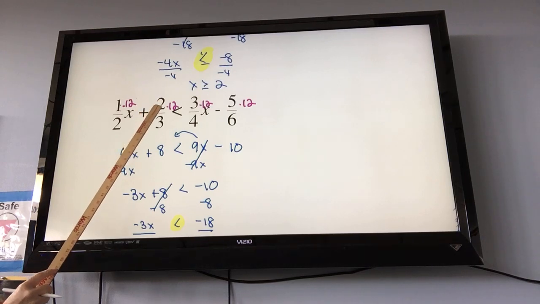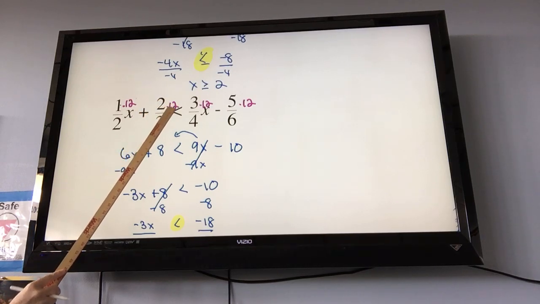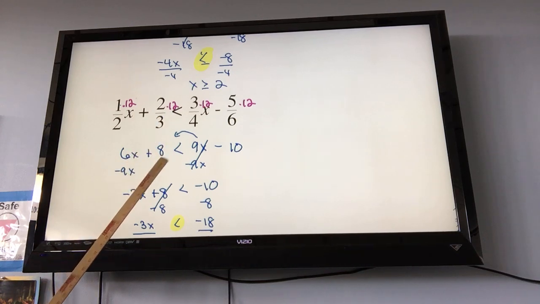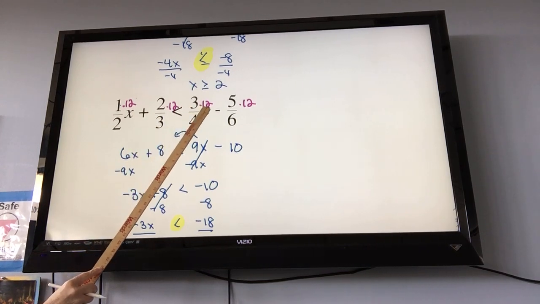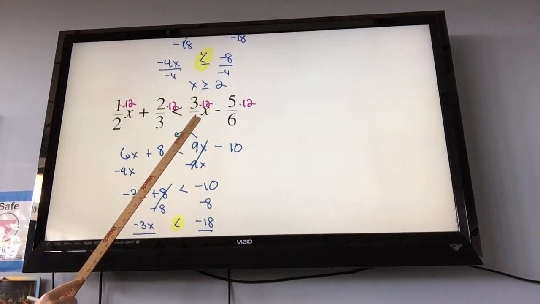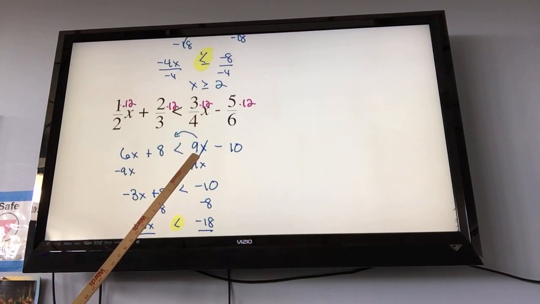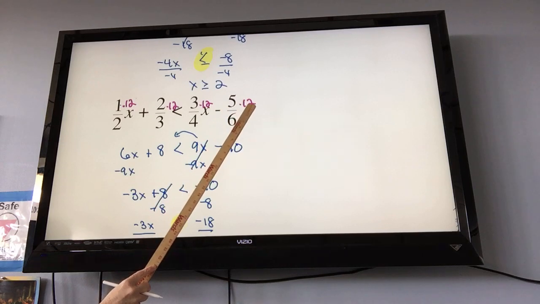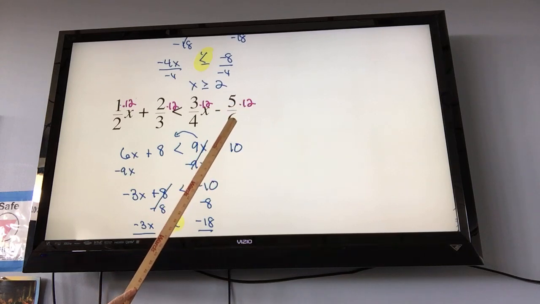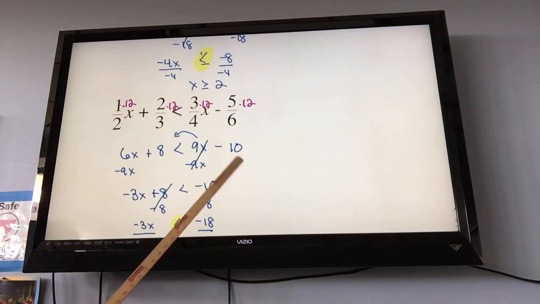And I can take 2 times 12, 24, divided by 3 is 8. And I can go 3 times 12 is 36, divide by 4 is 9. And 5 times 12 is 60, divide by 6, and I get 10.